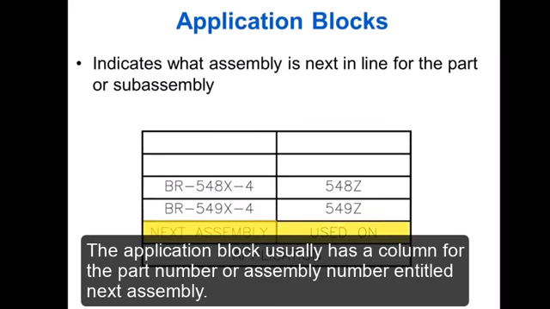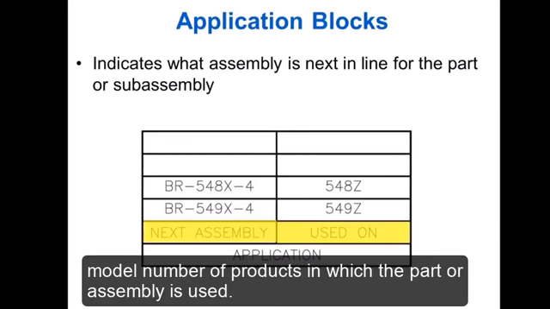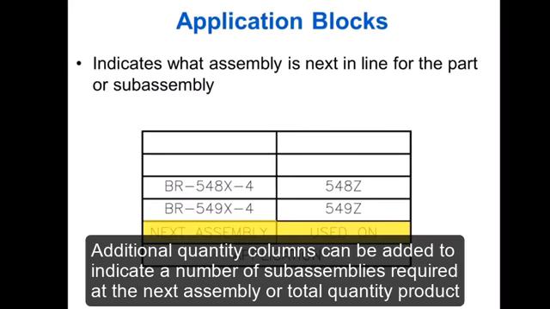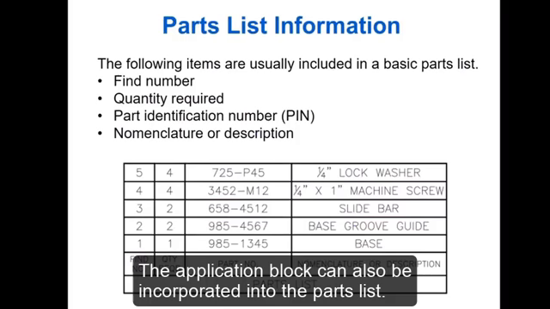Another column entitled Used On indicates a higher level of system number, such as the model number of the product in which the part or assembly is used. Additional quantity columns can be added to indicate the number of sub-assemblies required at the next assembly or total quantity used in the product. The application block can also be incorporated into the parts list.